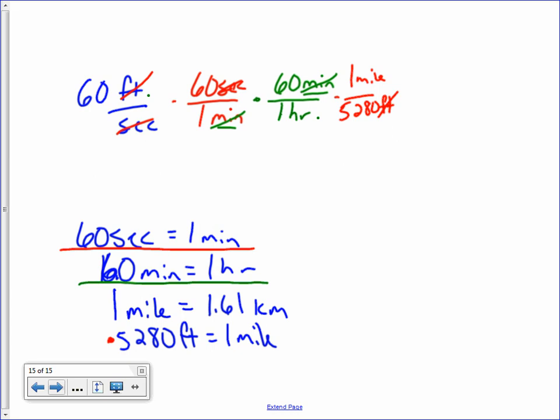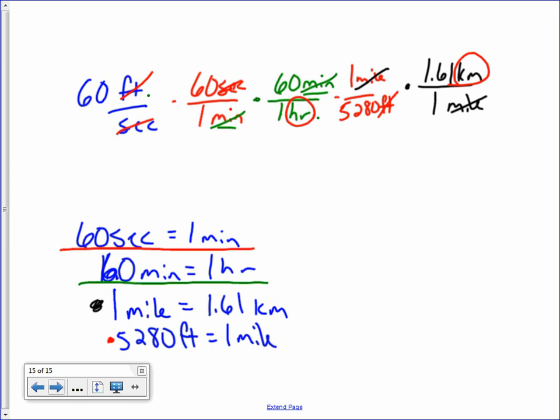At the bottom, I know that in 1 mile there is 1.61 kilometers. So I multiply by 1.61 kilometers to 1 mile, and now my miles cancel out. The label I'm left with is kilometers on top, and my label on the bottom is hours. So I got kilometers per hour.